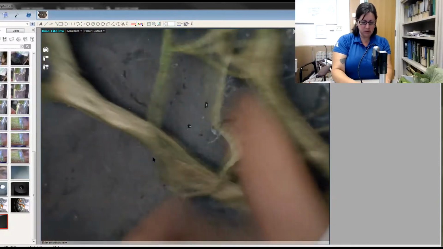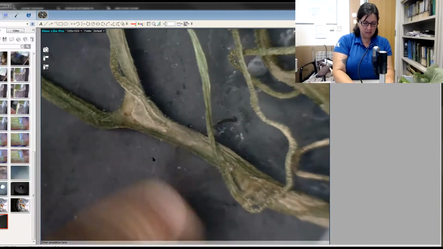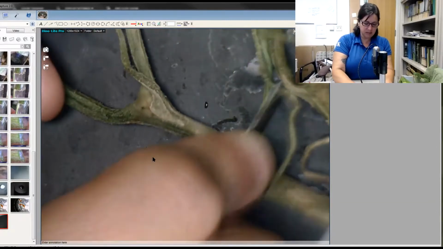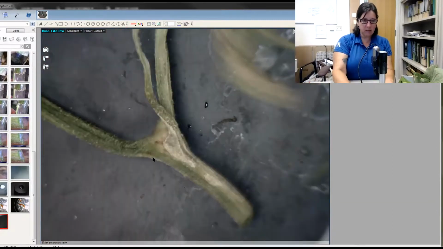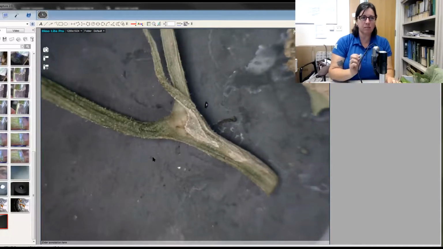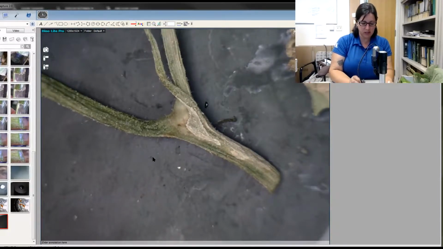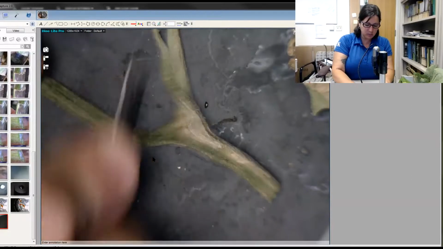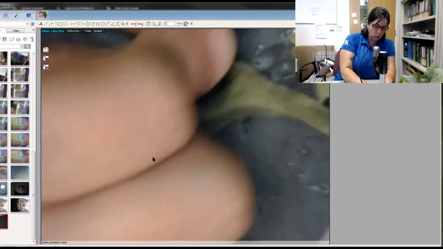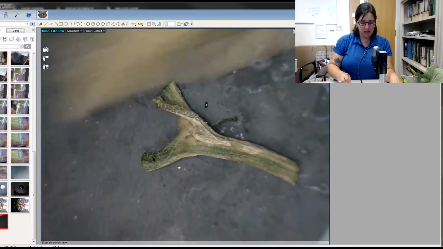What I want to do is catch at least an inch long piece. I'm going to go a little bit longer than that. I want something close to the base and something close to where the beetle feeding occurred. I like to use a branch because that branch holds the piece suspended in the vial.